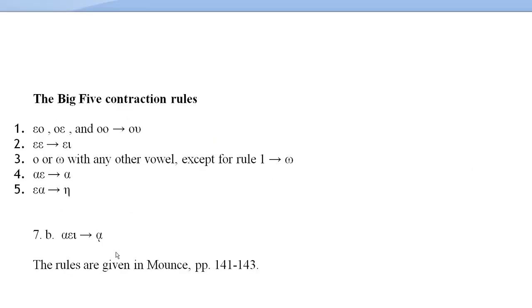Here we need to look at one of the other rules, in this case 7b, where we see that if we have the combination alpha and then epsilon iota, that's going to give us an alpha with an iota subscript. And now that we've been through this once or twice, there's an easier way to go about doing this, and that's just to look at the chart in Mounce's book. So let's go do that.